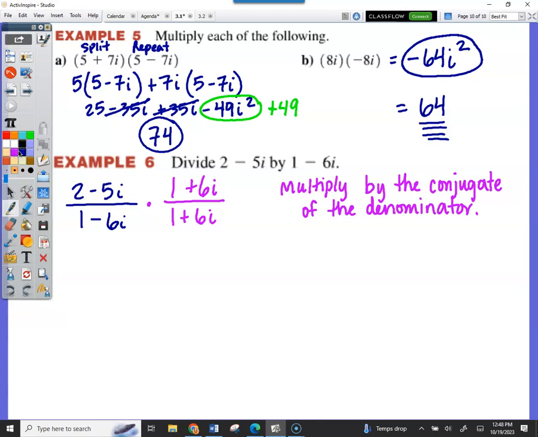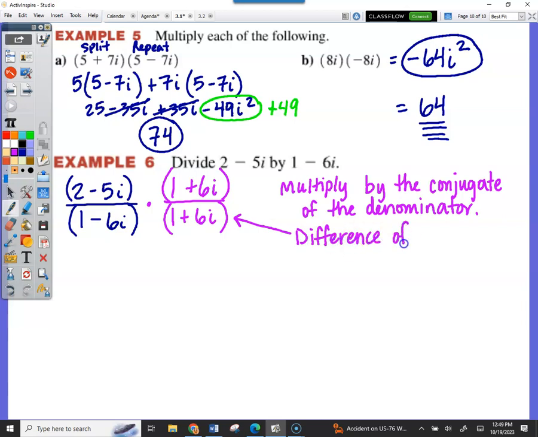Now, here's where some people tend to mess up, and it's because they forget that these are binomials. You have a binomial, binomial. So you've got binomials on top to multiply, binomials on bottom to multiply, and the ones on the bottom should always be a what?